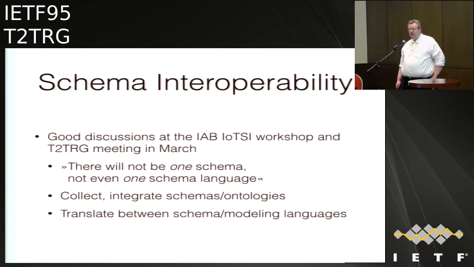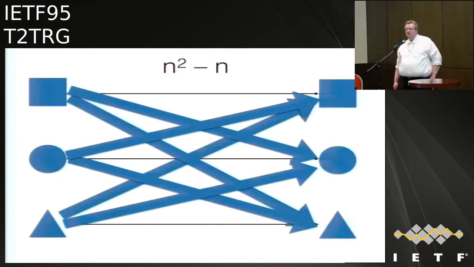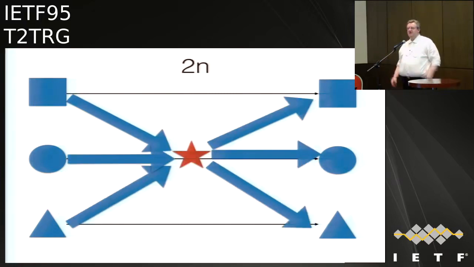And just to give a peek into what we did in San Jose in that workshop, now that's your usual picture: you have n things and you need to translate between them, and so you need n squared minus n translators. And that's the future of the Internet of Things. Well, maybe there is something that can be put in the middle and that can serve as a hub.